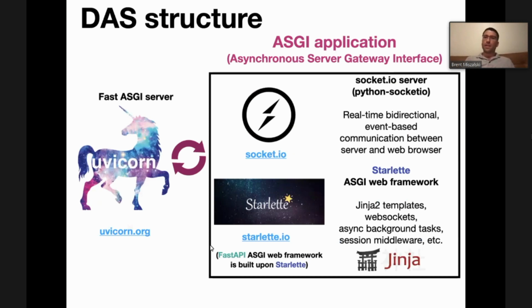The application is an ASGI application that is served up by Uvicorn, which is a fast ASGI server. And the application consists of two main components, a Python socket.io server that enables real-time bidirectional event-based communication between the Python backend and the web browser. And for the Python backend, we use Starlette, which is an ASGI web framework that has a range of features, Jinja2 templates, WebSockets, asynchronous background tasks, and so on.